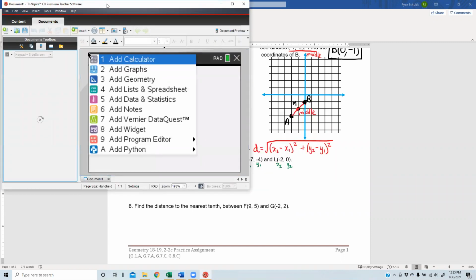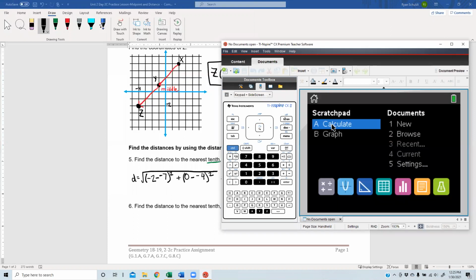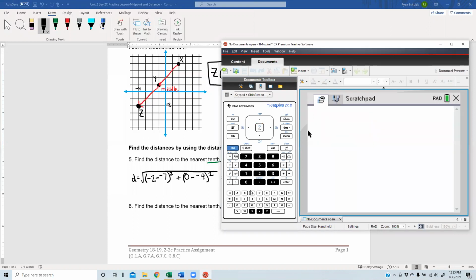Okay, so here's our calculator. I literally want you to type in everything but the square root. So parentheses, -2 minus -7, close parentheses, squared, plus parentheses, 0 minus -4, close parentheses, squared. Boom. It tells me the answer is 41.